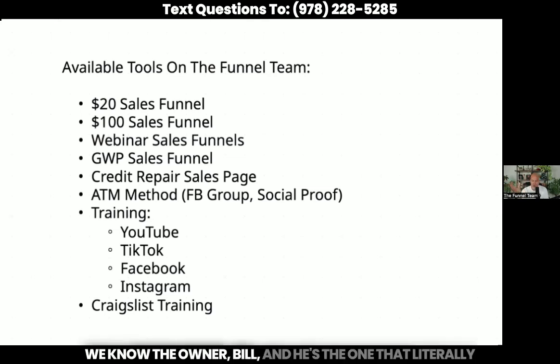We know the owner, Bill, and he's the one that talked about doing this with us. So it was really cool to be able to do that. And that funnel converts like crazy because the GWP system converted like gangbusters back in the day. So why not? It's the whole if it ain't broke, don't fix it type of thing, and their system worked really well.